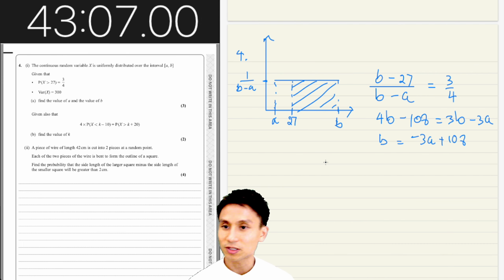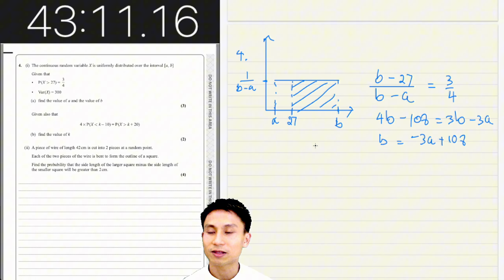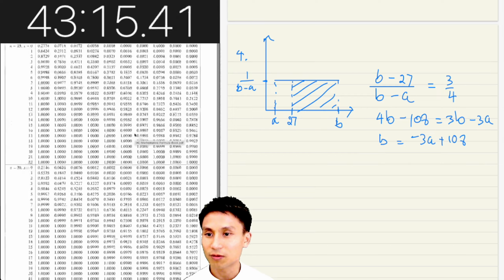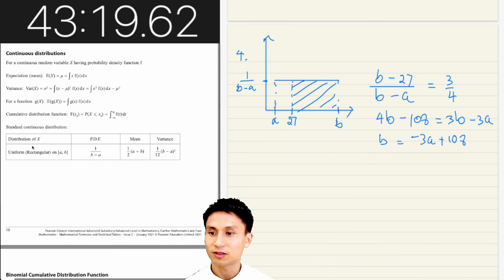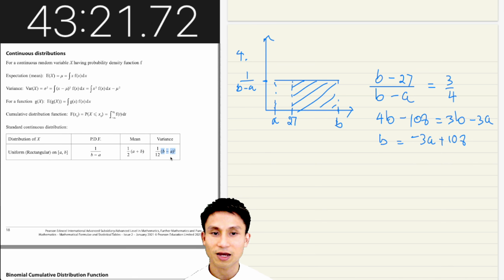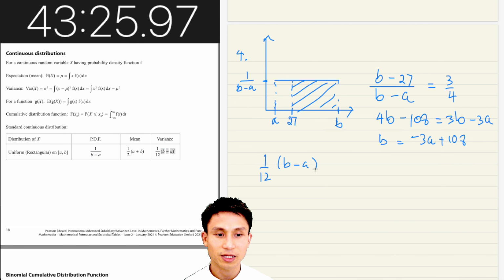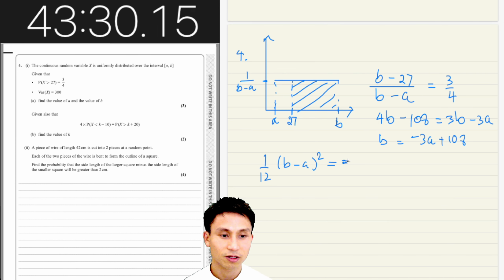That's the first equation. We need to find another one because we are given that the variance is 300. And I think we get the formula of the variance because, yeah, uniform distribution here, the variance is that formula. All right, so we're going to use that 1 over 12 (b minus a) squared, we put it equal to 300.